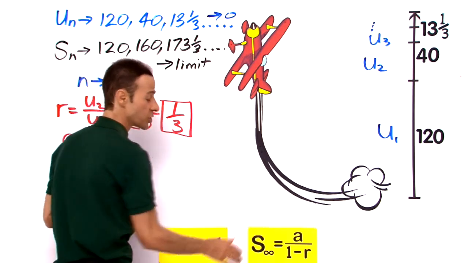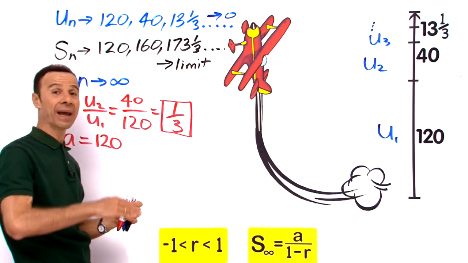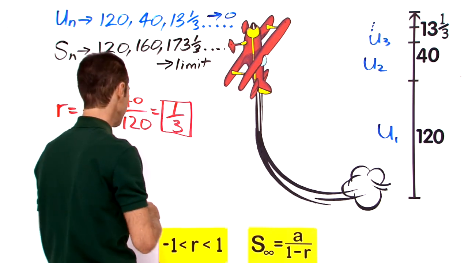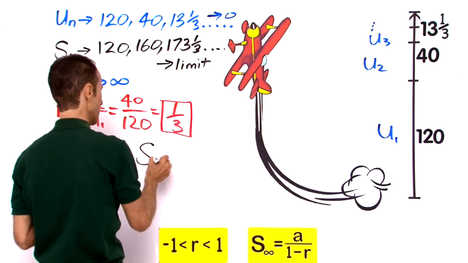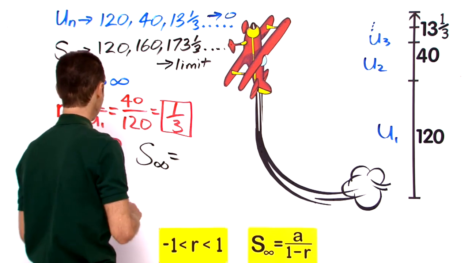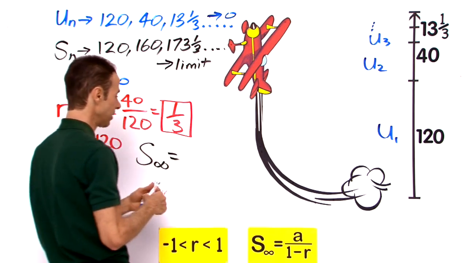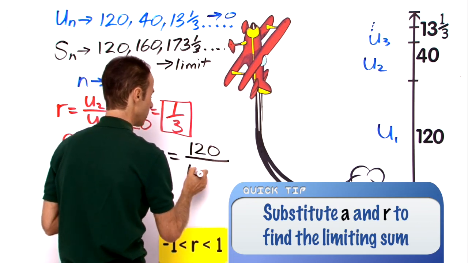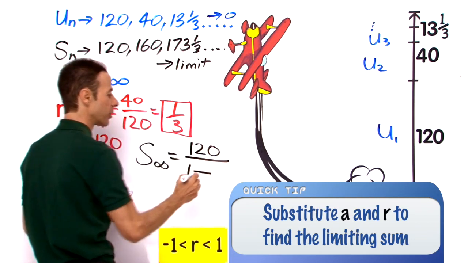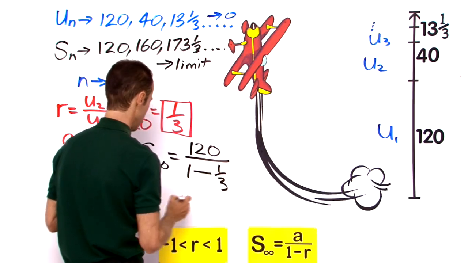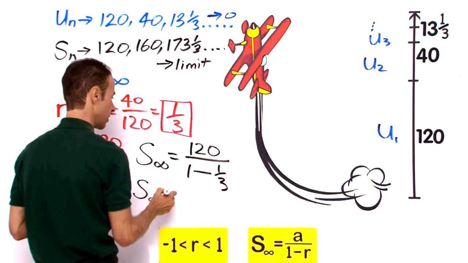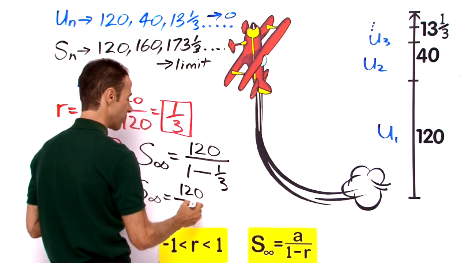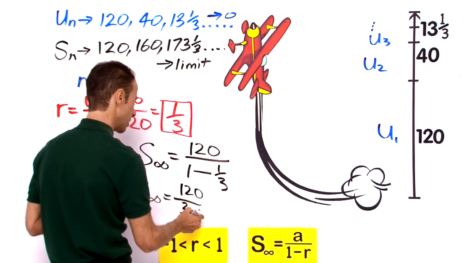We're going to substitute straight into that and discover what that limit is for this biplane. So sum to infinity equals the first term a, which is 120, all over 1 minus the common ratio, which is 1/3. Sum to infinity equals 120, all over 1 minus 1/3, which is 2/3.